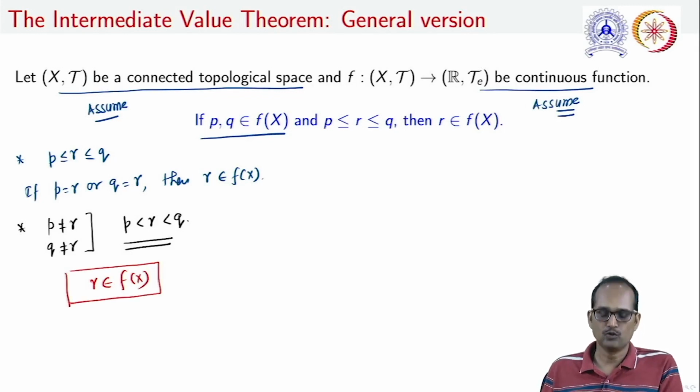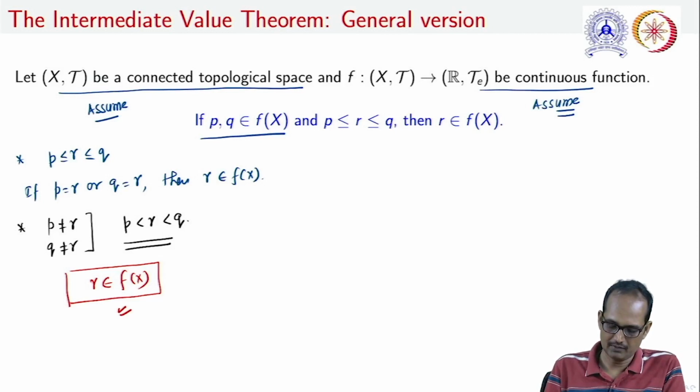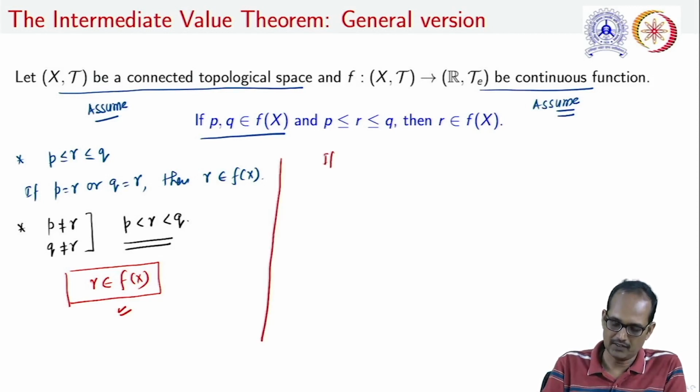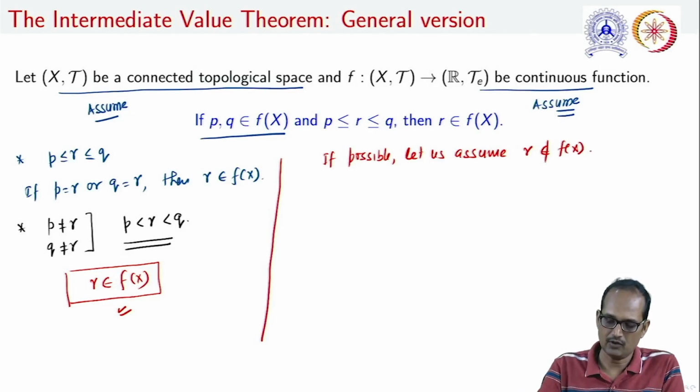Let us try to prove the requirement by contradiction. Assume, if possible, that r is not an element of f(X). If r is not an element of f(X), then what will happen?